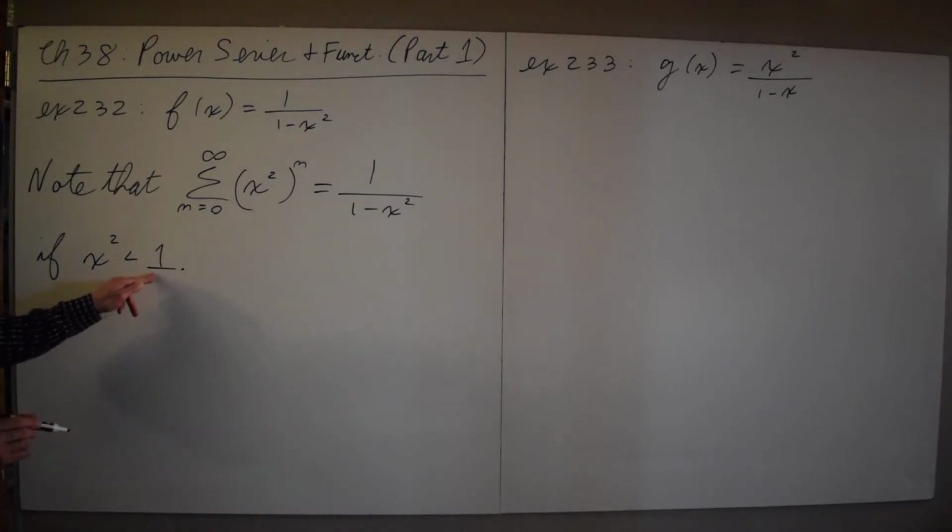And x squared is less than 1 if x is strictly between -1 and 1.